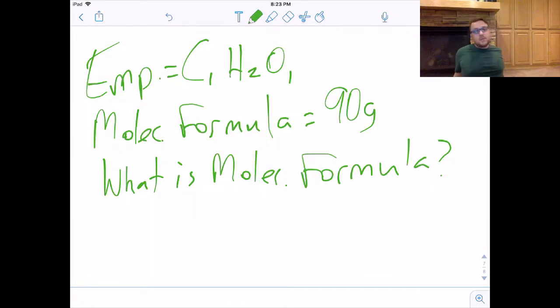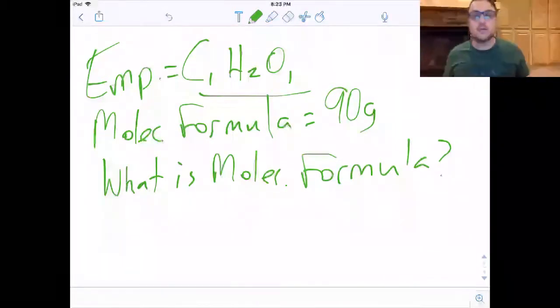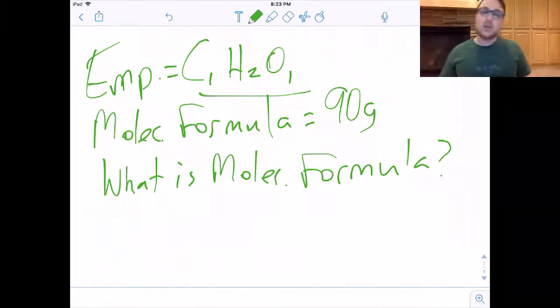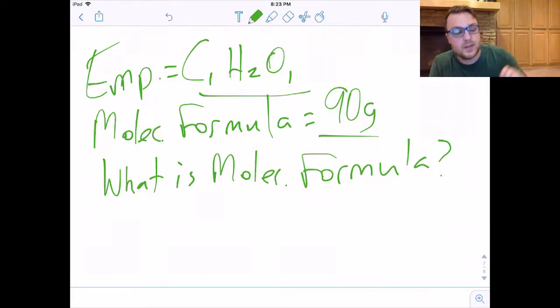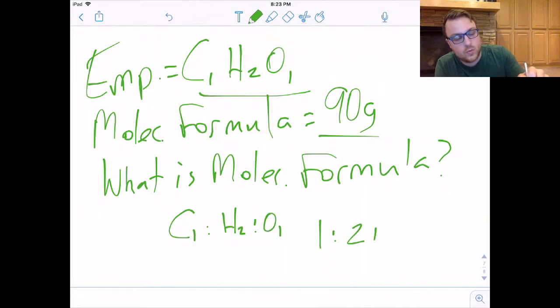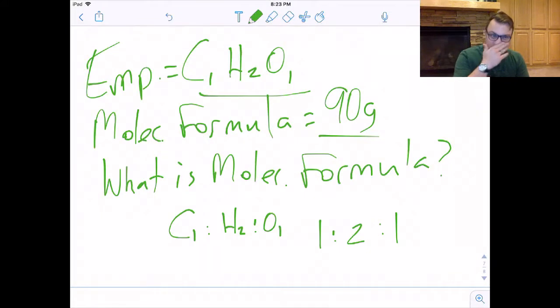So you can do a lot of trial and error until you get a formula that weighs 90 grams and is in the ratio of C1H2O1, so that 1 to 2 to 1 ratio. But that's going to waste time. And you have a lot, but you don't want to waste any of it if you don't have to. So how do you figure out what the molecular formula is when given a mass and the formula for the empirical?